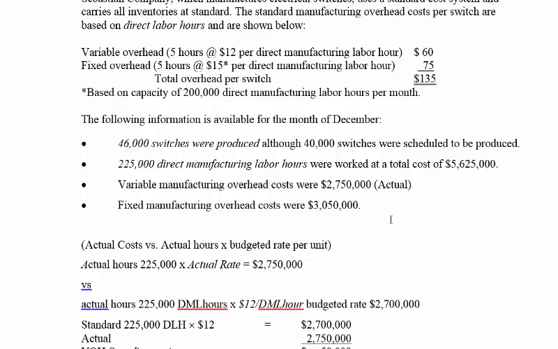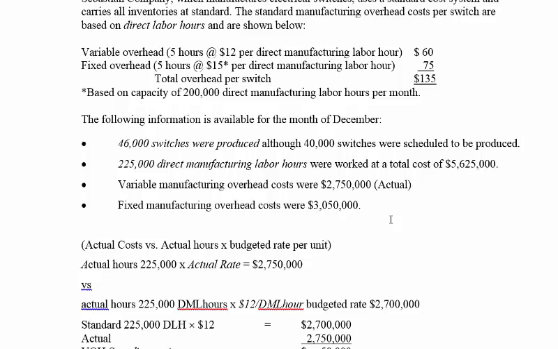Alright, so 46,000 switches were produced, although 40,000 switches were scheduled to be produced. So 46,000 was our actual quantity of switches produced, where originally, when our master static budget was put together, only 40,000 switches were scheduled or budgeted.